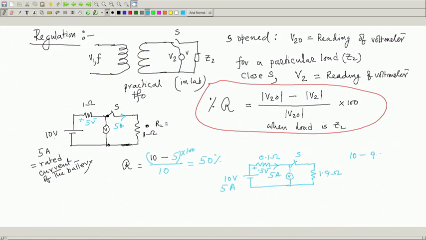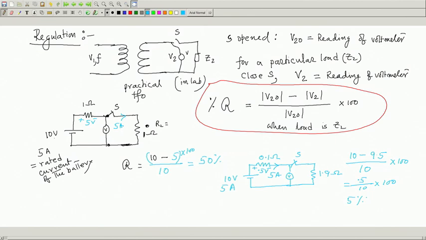So, 9.5 volt divided by 10, and you see into 100. Regulation is now quite small, 0.5 by 10 into 100, it will be 5%, 5 or 0.05, 5%.